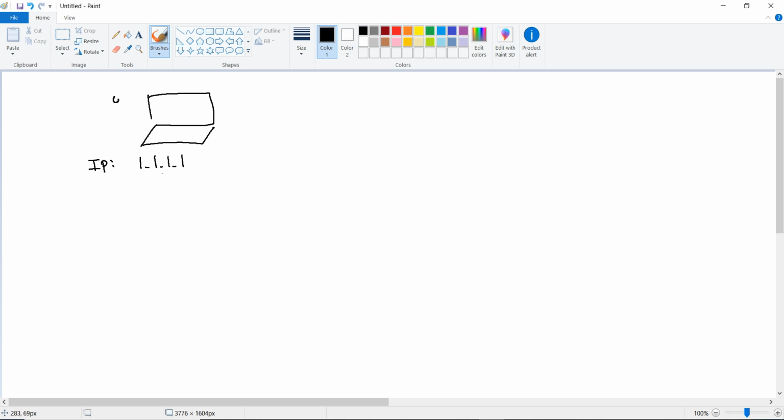So this is you, and you want to send a message to your friend, who is using another machine, and your friend's machine must have an IP address. Let's say it is 2.2.2.2. So this machine will send a packet.